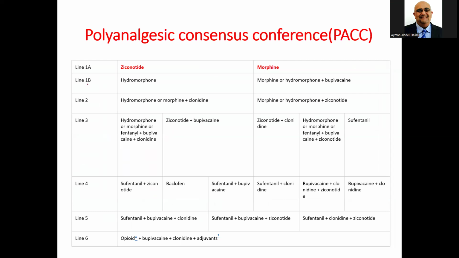The ziconotide, which is a calcium channel blocker, and we use it mainly for non-cancer, neuropathic pain. This medication is extracted from a certain snail called Conus magus, and it's actually abundant in the Red Sea.